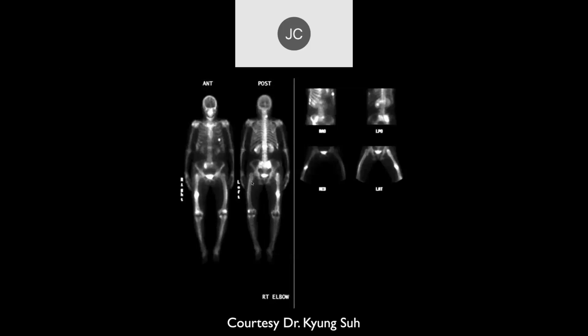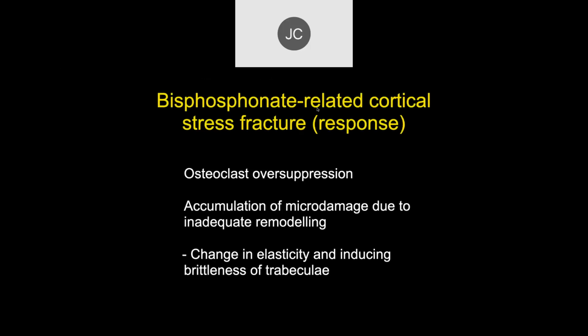And notice you get bowing of both femurs, abnormal bowing. And this is actually typical of bisphosphonate-related cortical stress fractures. The bone gets more elastic.